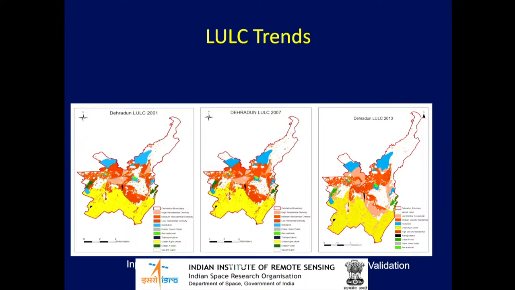This is just an example where we have three time-period snapshots of land use, land cover, especially at level 3, with different maps. So what was the condition in 2001, 2007 and 2013. All these maps have been generated using object-based segmentation techniques applied to the satellite imagery collected in 2005, 2007 and 2013.